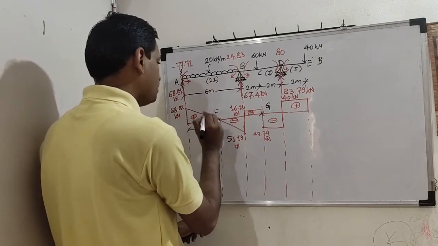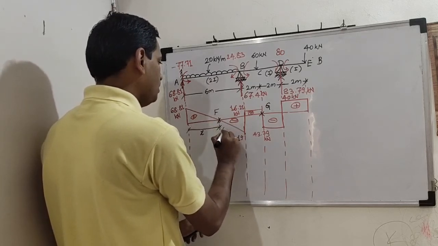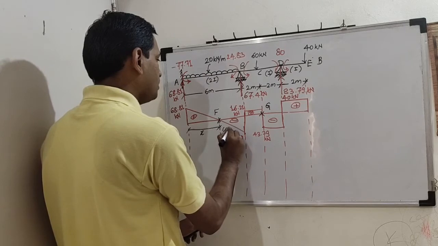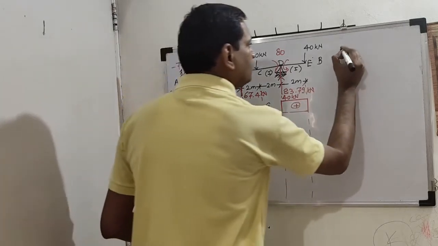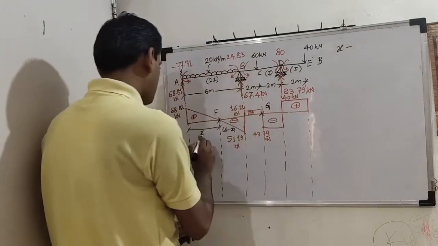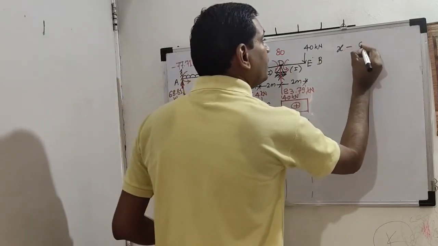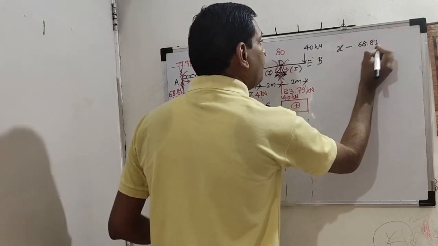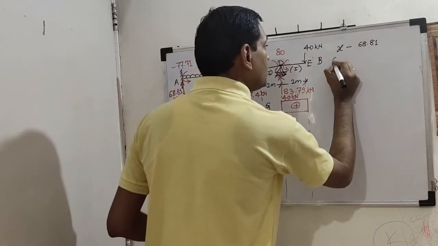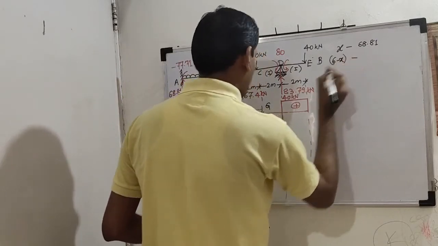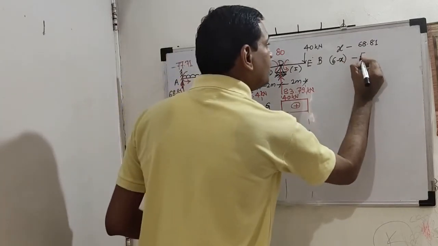We shall assume X. So how much is this? 6 minus X. So when X is the ordinate, we have 68.81 as the value. When 6 minus X is there, we have value 51.19.